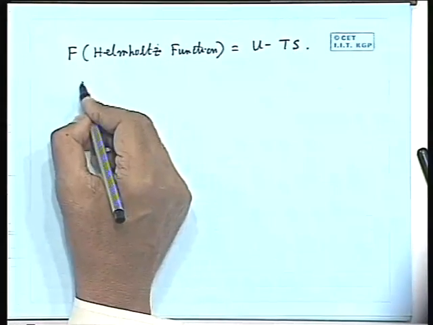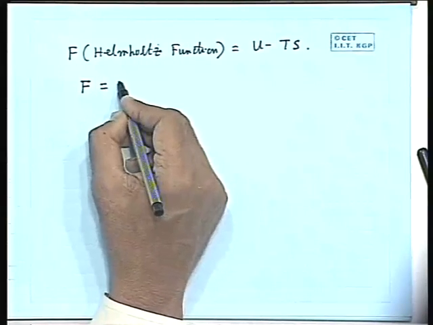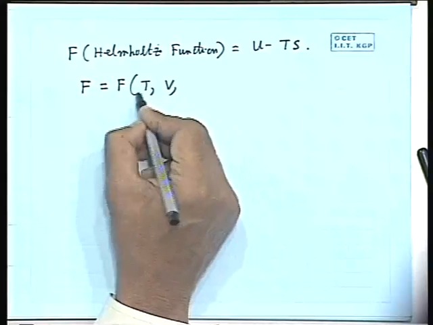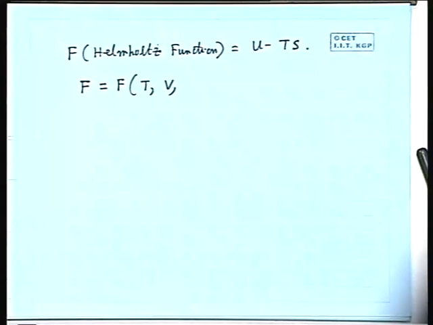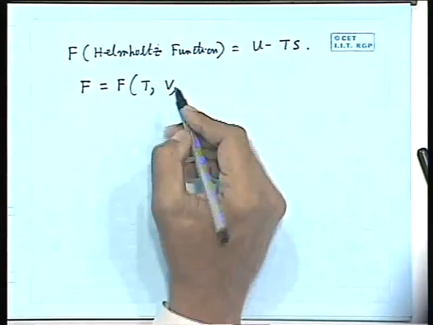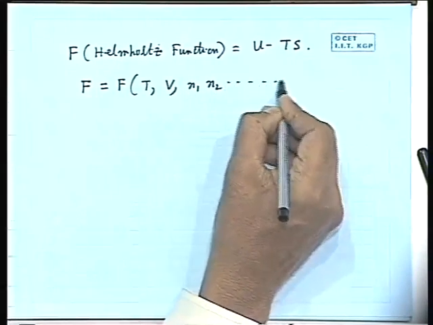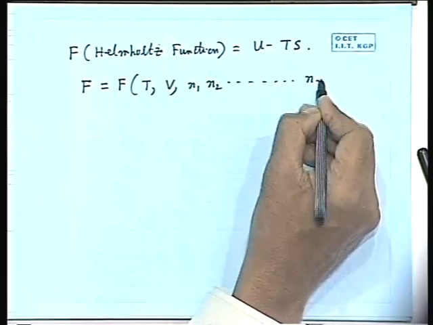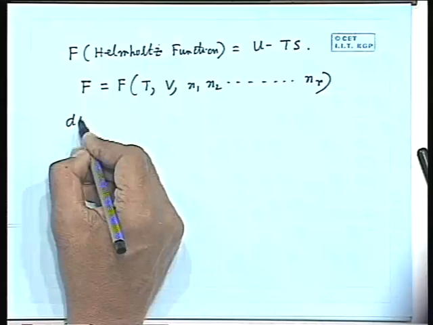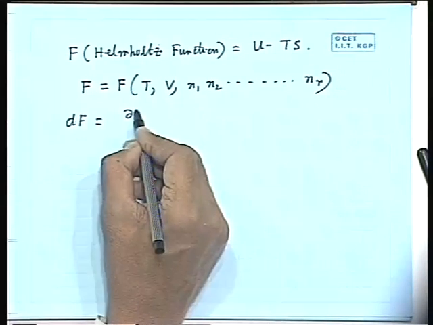Now the Helmholtz function is one extensive property of the system, and if I express this as a function of T, V, let us consider T, V are the variables. The implication of these two particular properties T, V will be made clear afterwards. And the number of moles of the R components constituting the system, then we can follow in a similar, routine manner.